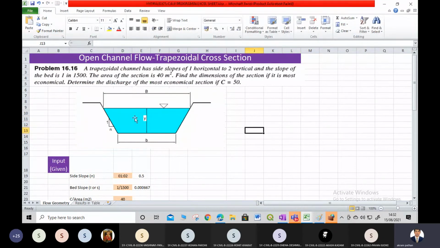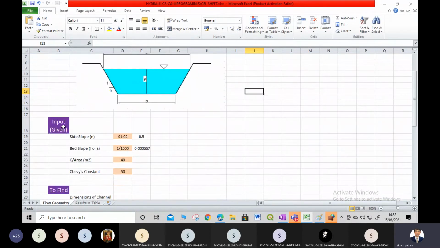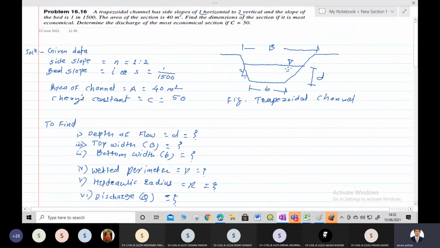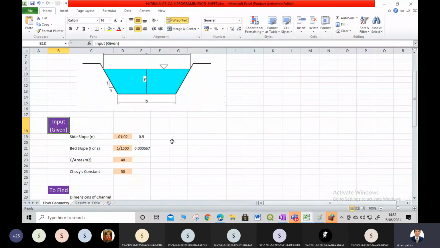All parameters you have to write down here. Then you have to write down the input, that is the given data. The same given data we have written here, you have to write in the Excel sheet also.